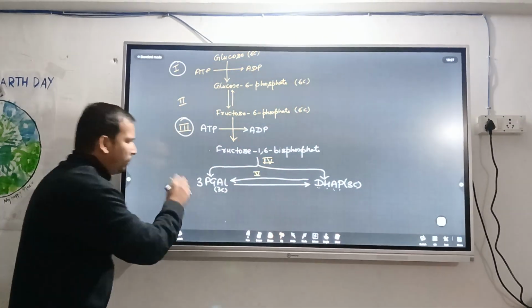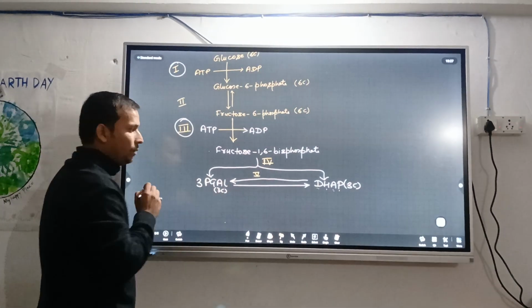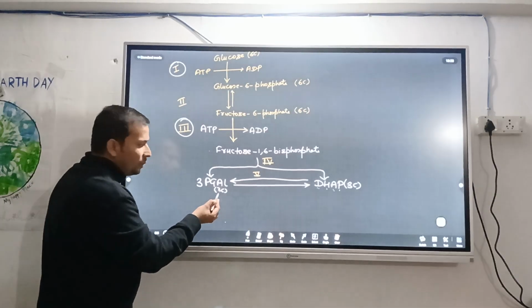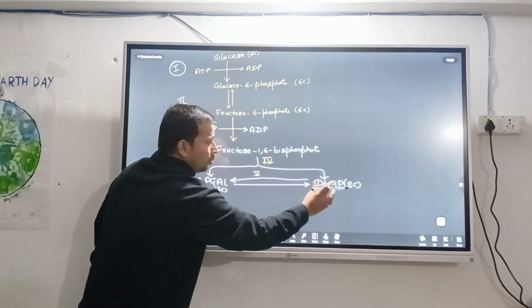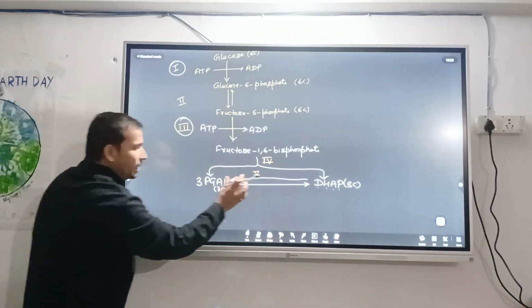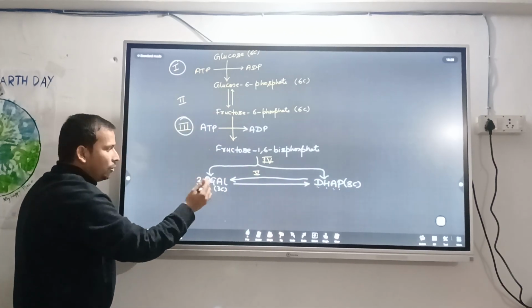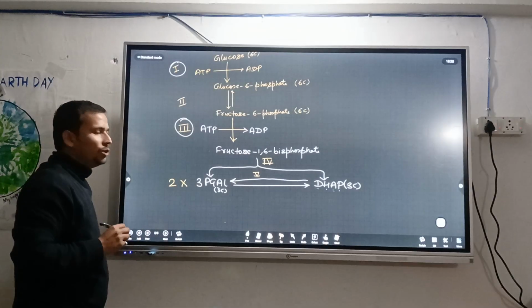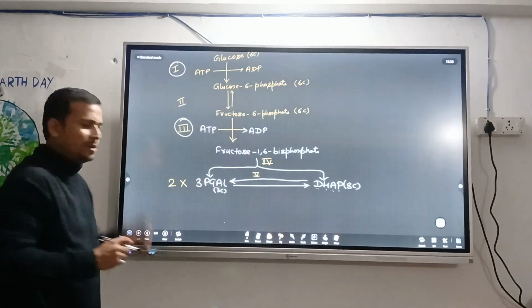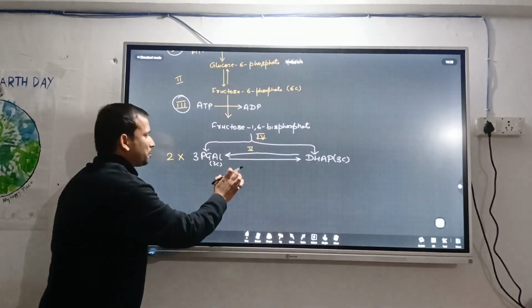This DHAP is converted into PGAL, so now there will be 2 molecules of 3-PGAL, each with 3 carbon.